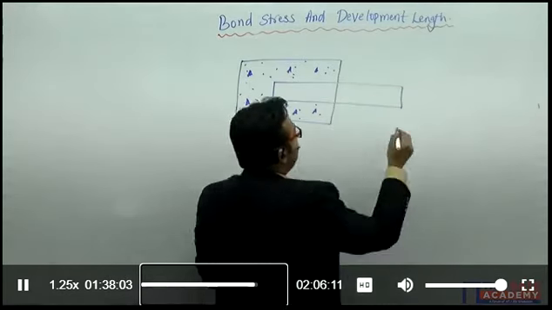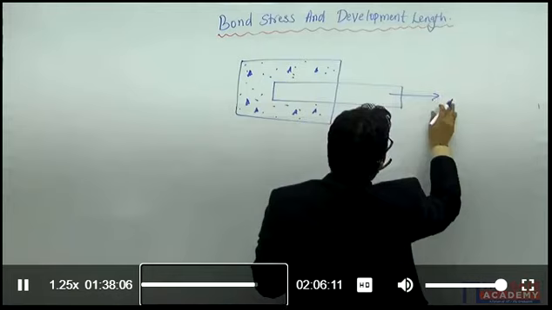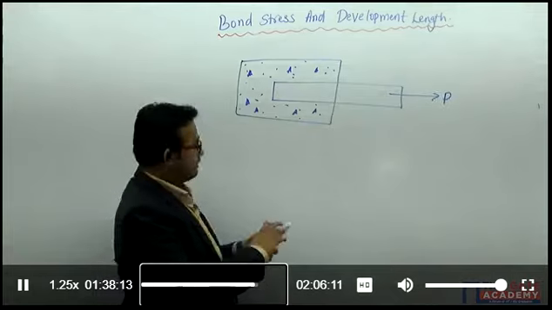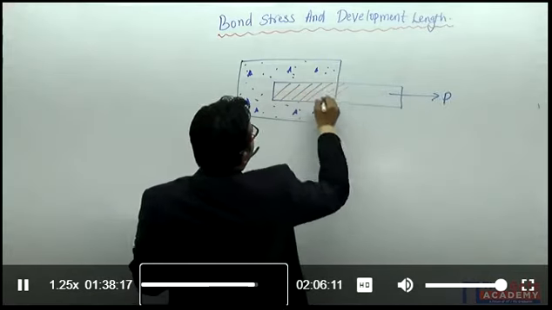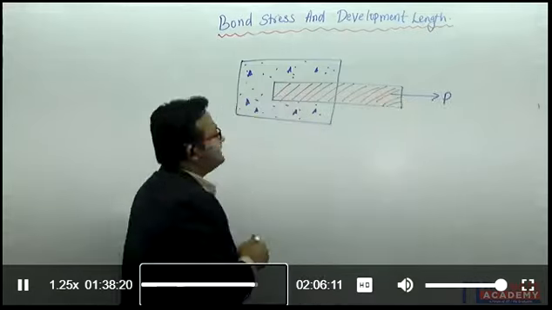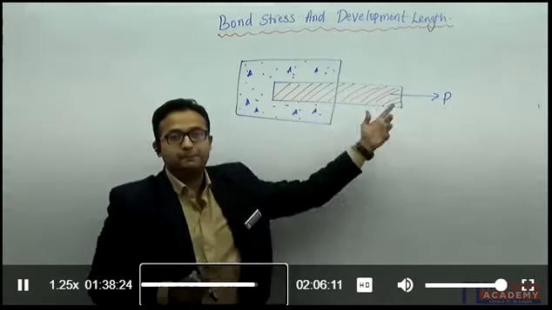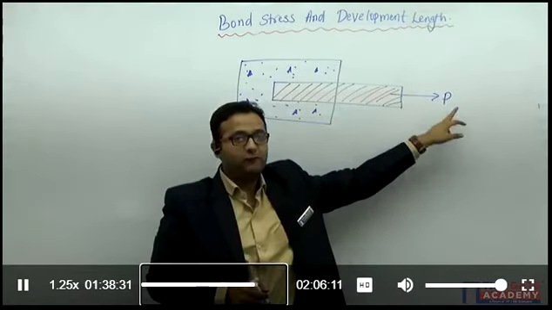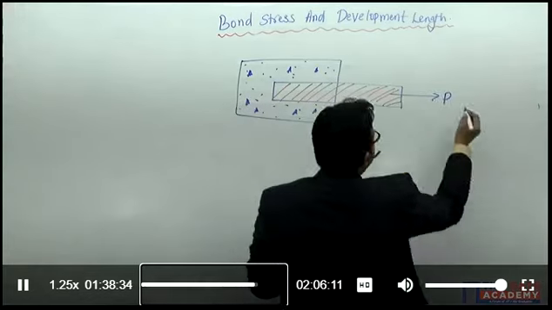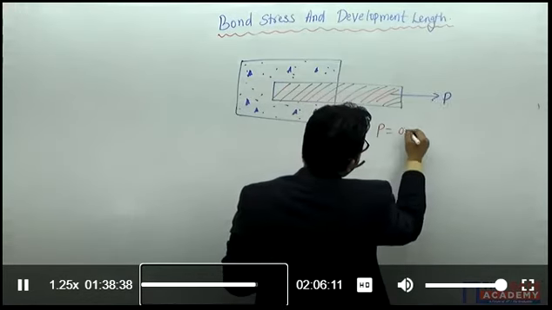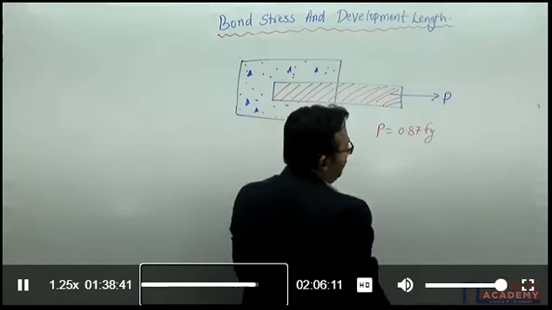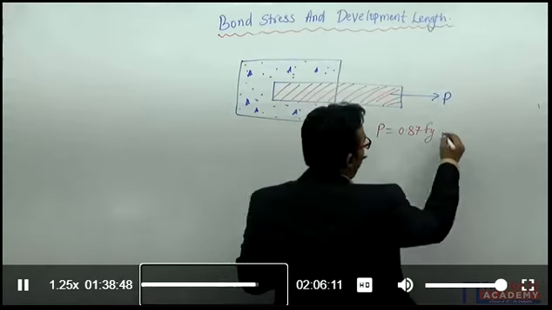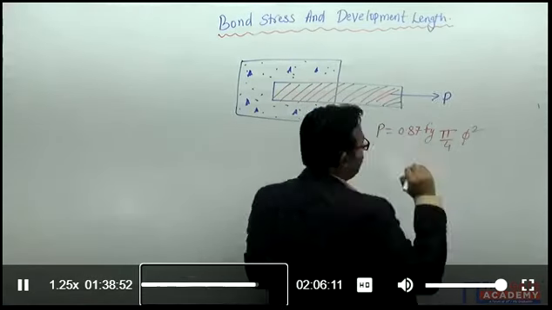And suppose I am pulling with the force P. I am pulling my steel. This is the steel. Let me draw. This is the steel. I am pulling with the force P. That means I am applying one axial force in the reinforcement. So the value of P will be 0.87 Fy times Ast, and the Ast is pi by 4 phi square.